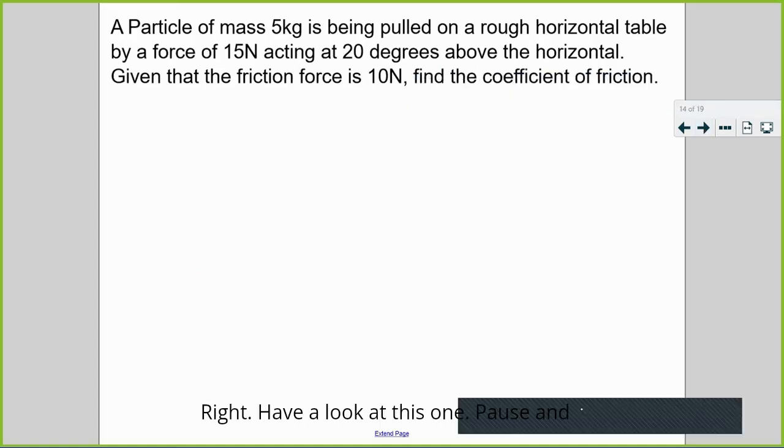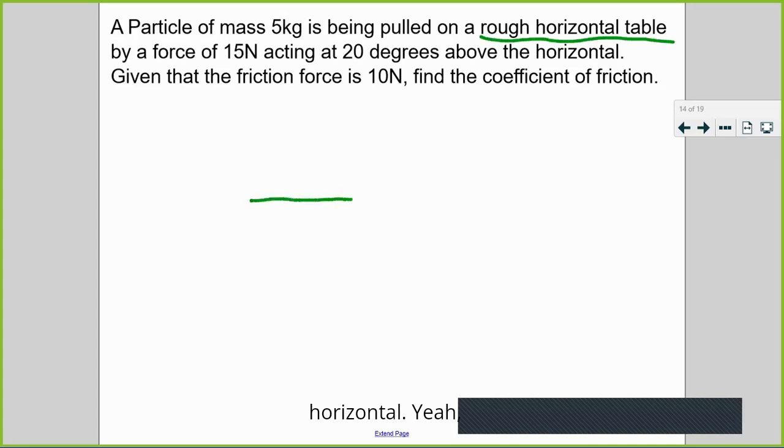Right, have a look at this one, pause, and then resume when ready. Right, so again, start with the surface, rough horizontal table. It's horizontal. Particle of mass 5 kg.